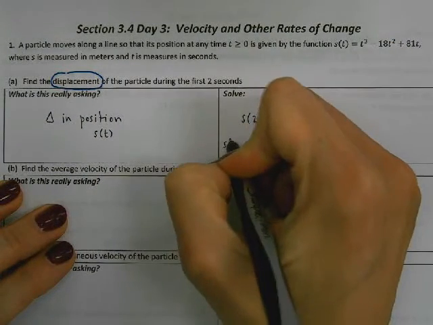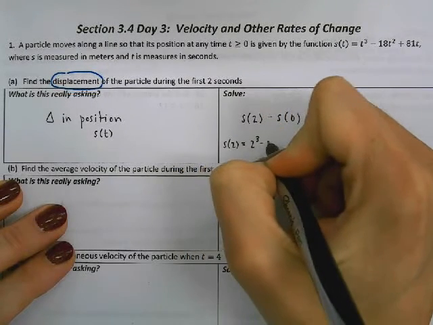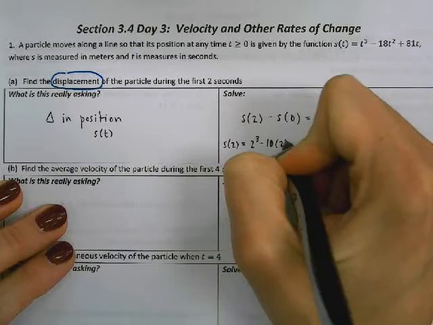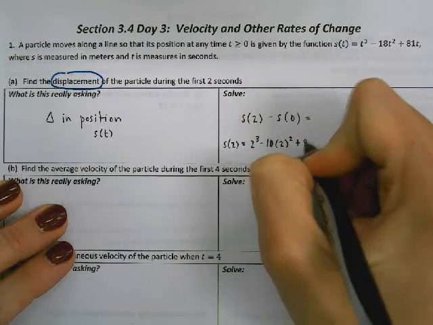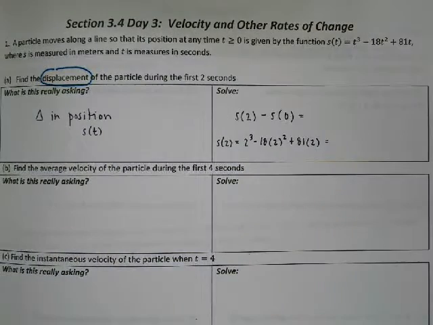I'm going to set this off to the side. s of 2 is going to be 2 cubed minus 18 times 2 squared plus 81 times 2. I'm going to use my calculator to figure that out quickly.